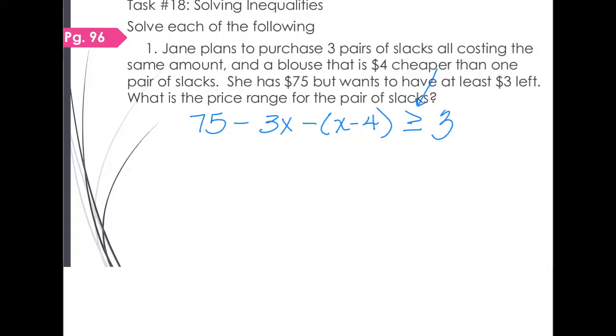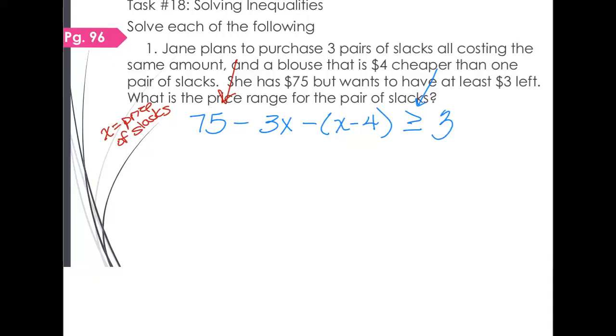Does everybody understand how he got this? So 75 is our total amount. Usually, we would put the 75 on the end. He did it a little bit differently. He is taking away the cost of 3 pairs of pants. So x is equal to the price of the slacks or pants.